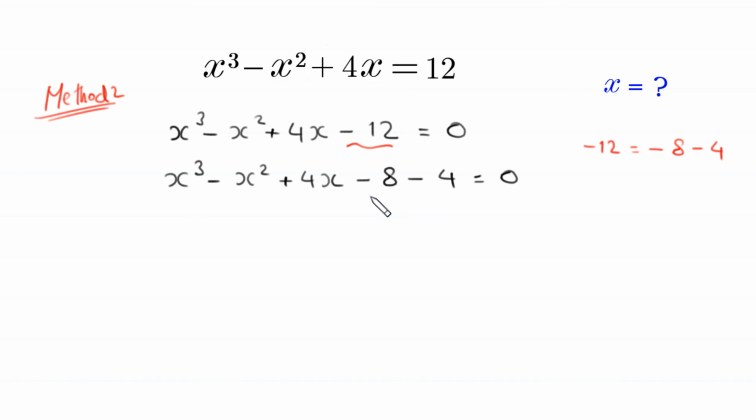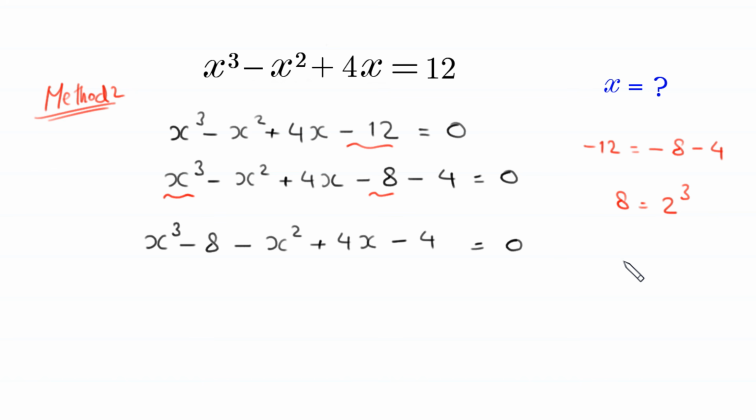Now this 8 is same as 2 cubed. So we write this 8 with this x cubed, like this: x cubed minus 8, minus this x squared, plus 4 times x, this negative 4 is equal to 0.